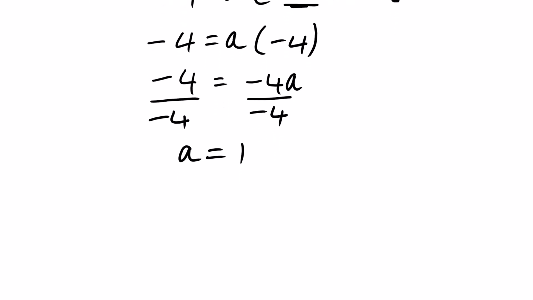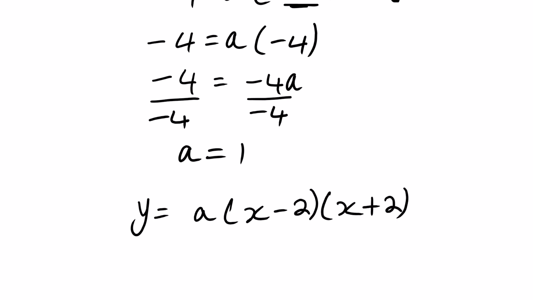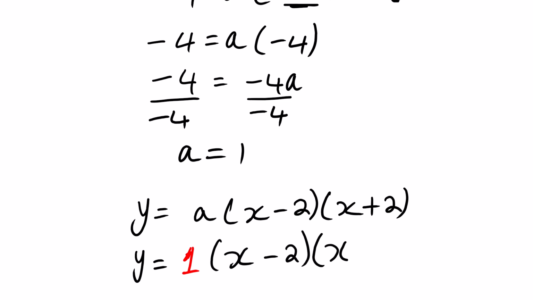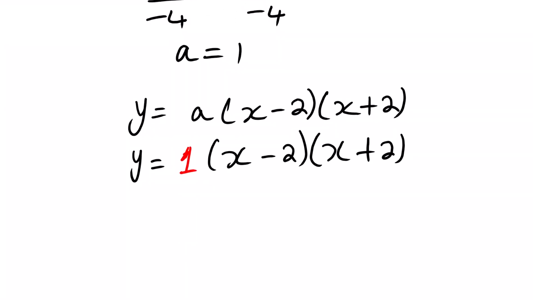Then we go back to this equation, a(x - 2)(x + 2). We now have the value of a, which is 1. We substitute a with 1, and then (x - 2)(x + 2). From here, let us simplify the brackets.